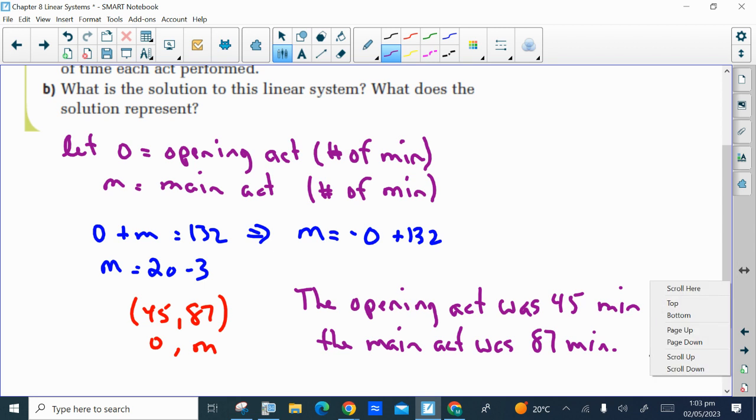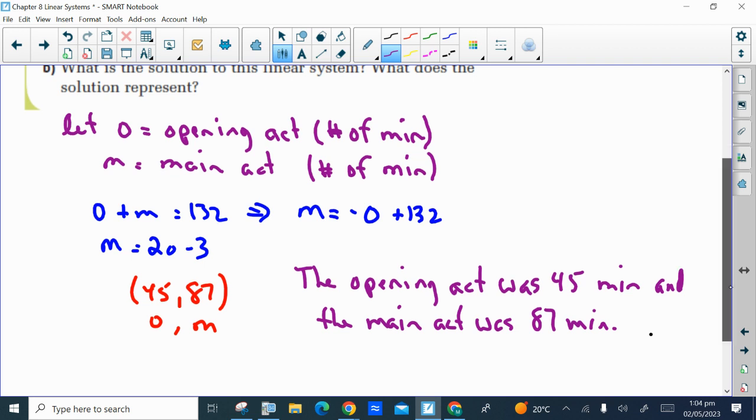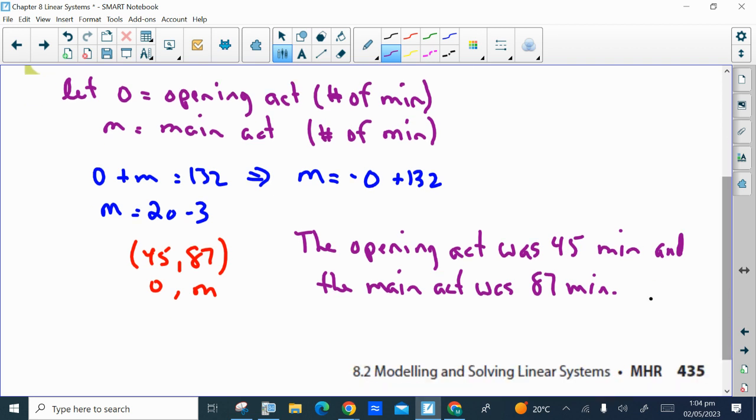Right, that's what that tells us. All right?